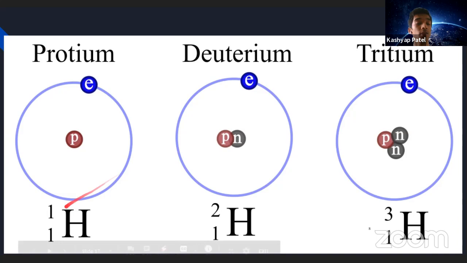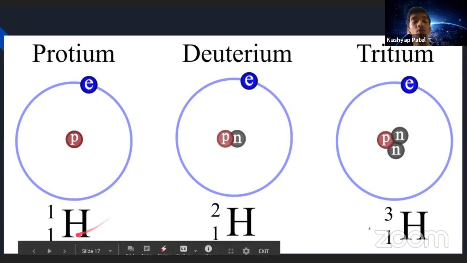Now this notation is called a nuclear symbol. The number on the bottom tells us the number of protons in hydrogen, which is 1. And the number on the top tells us the atomic mass units of this particular protium.